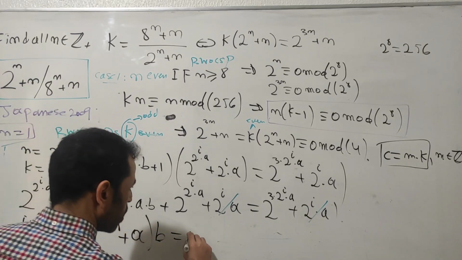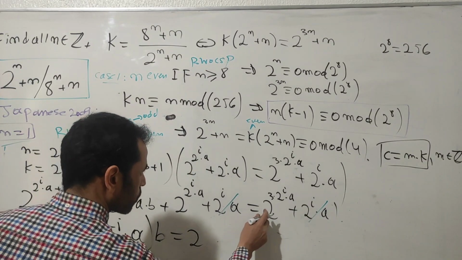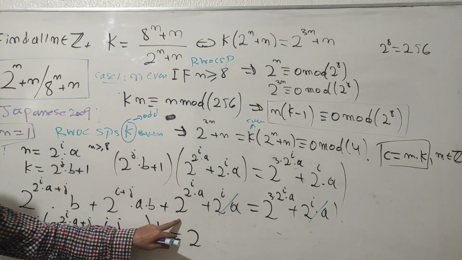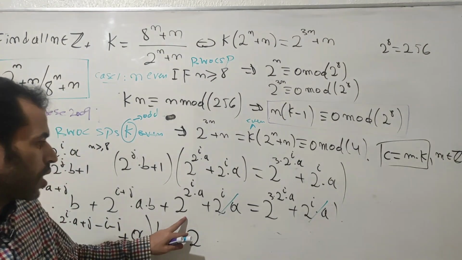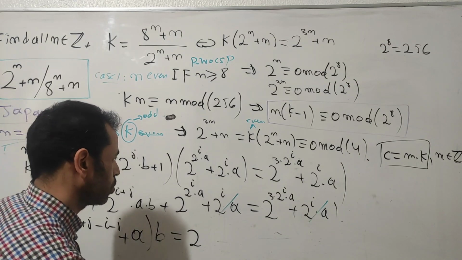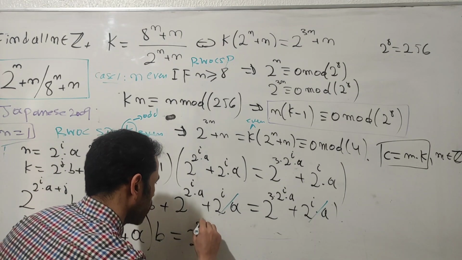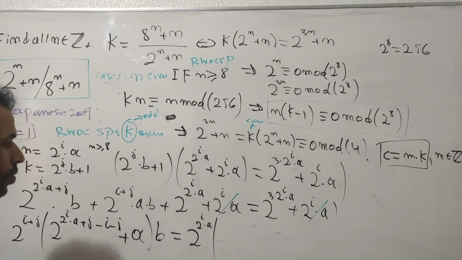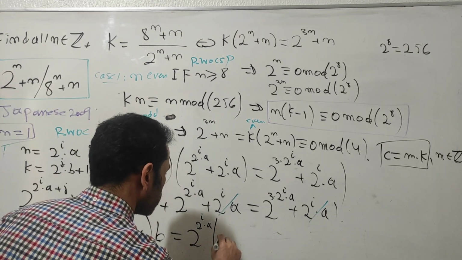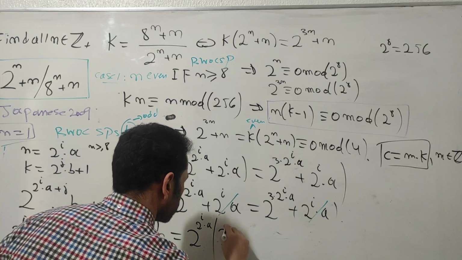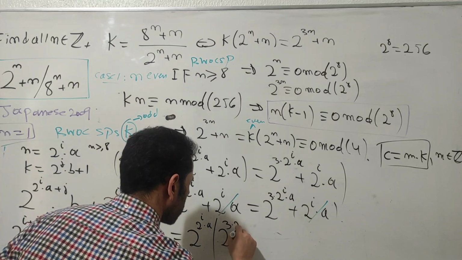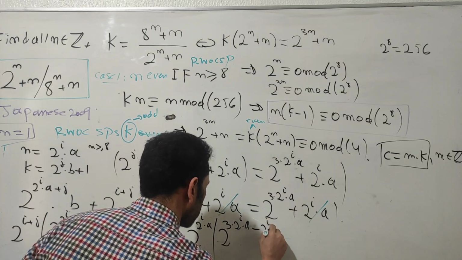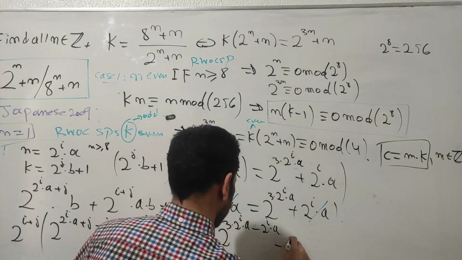For the right hand side of this equation, I get this term is going to be moved over to the right and taken as a common factor. So I get 2 to the 2i multiplied by a, factor 2 to the 3 multiplied by 2 to the i multiplied by a minus 2 to the i multiplied by a minus number 1.